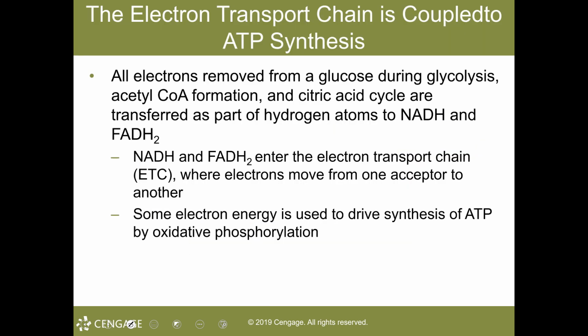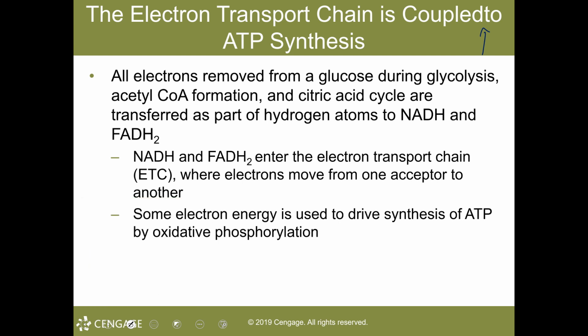cycle. Now, class, we're here at the electron transport chain, and as it states there, it is coupled to the synthesis of ATP. As this is happening, we have those electron carriers, NAD plus and FAD. As you're seeing here, they're no longer what I just stated.